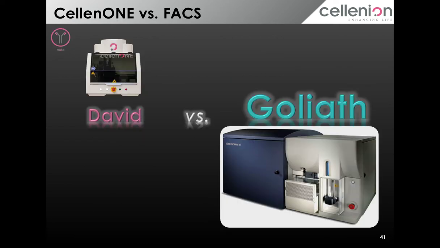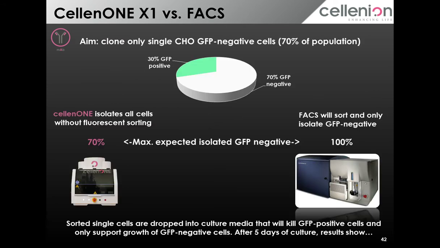Now, we did a last round of experiments with one of our partners externally, and we wanted to compare how our system, CellenONE, will behave compared to a FACS. So we started the experiment.